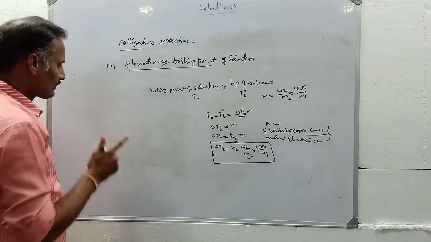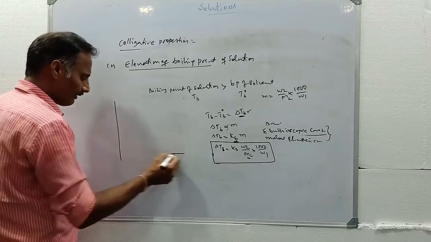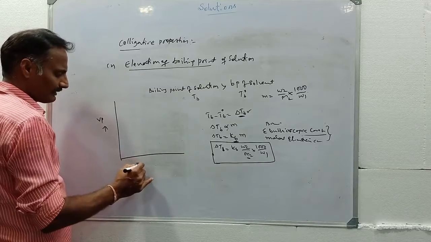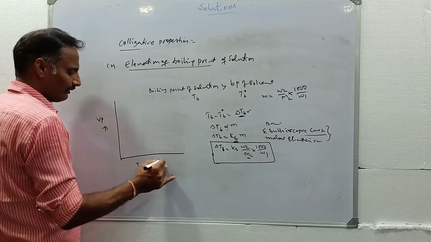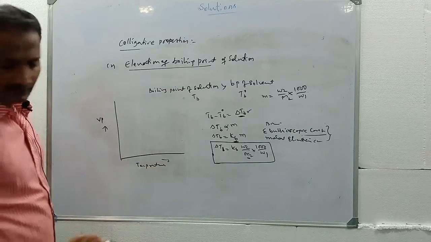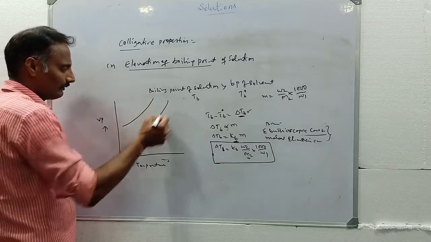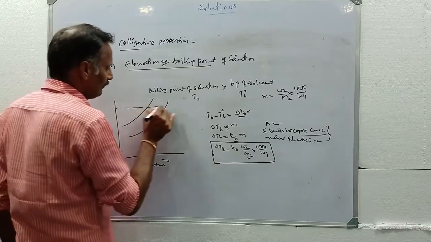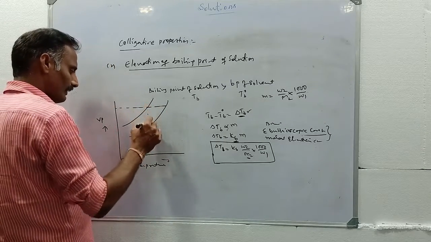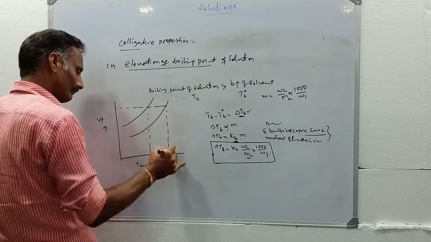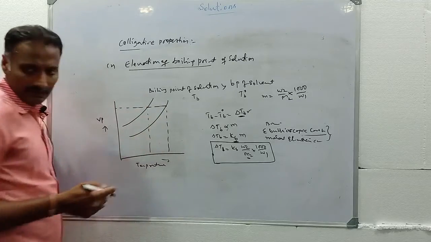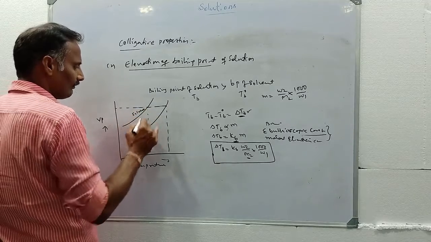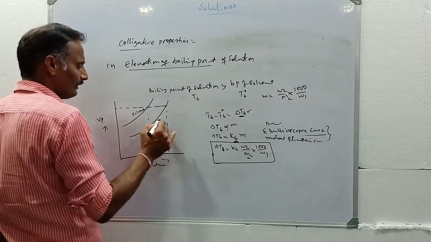This is vapor pressure versus temperature. We are using a graph of vapor pressure versus temperature. You will get a graph like this. The first curve is the solvent, and this is the solution curve.